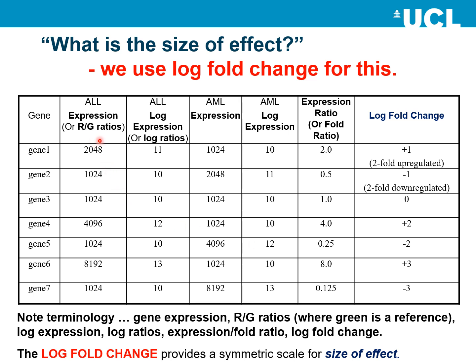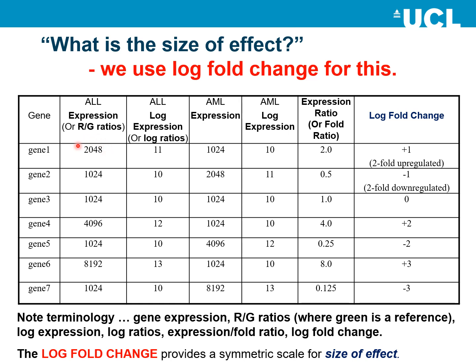It's useful to get familiar with some of the terminology, as the terminology often gets mixed up in papers. So we have expressions, which might be given by our red to green ratio for spotted microarrays, where the green is a reference gene set.